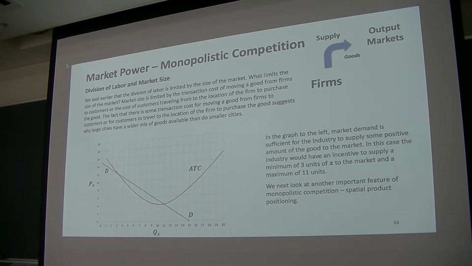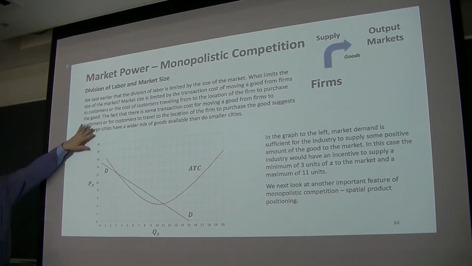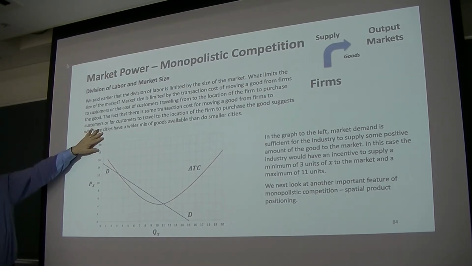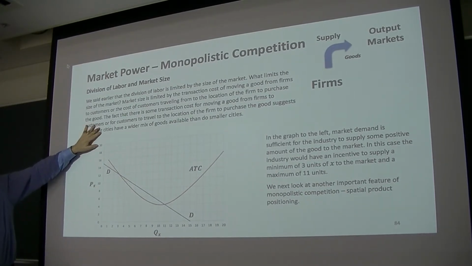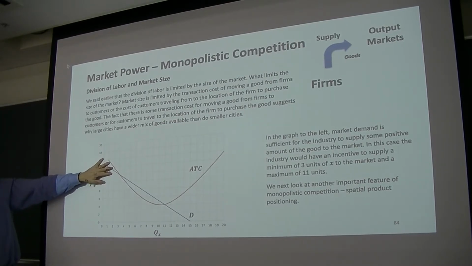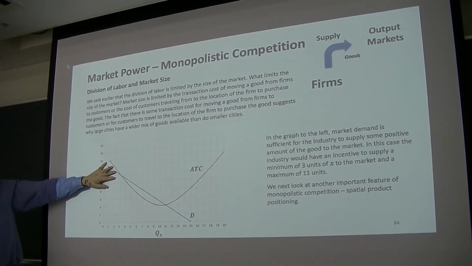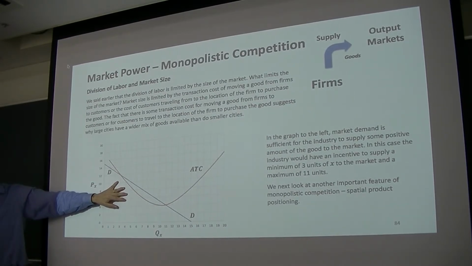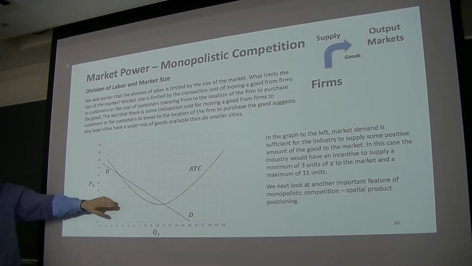But getting back to this division of labor and market size. I said what limits the size of a market is the transaction cost of moving a good from firms to customers, or the cost of customers traveling from the location of the firm to purchase the good. That's the case in my neighborhood, for people who are actually traveling to the neighborhood.